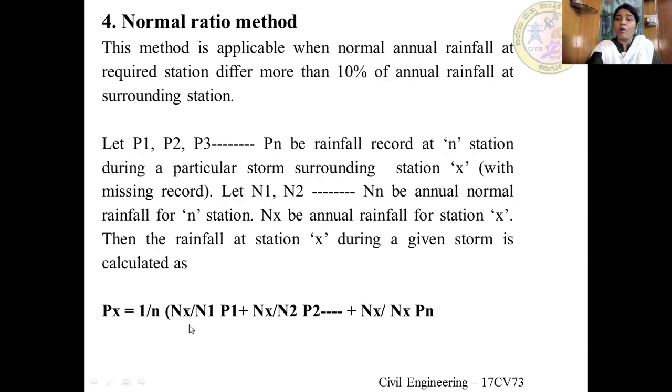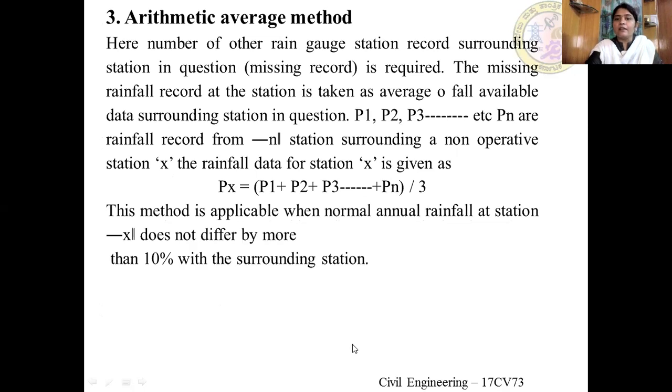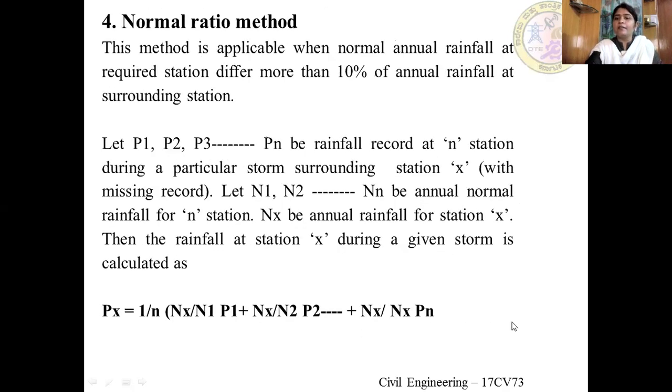So how PX is calculated is PX is equal to 1 by n, NX by N1 P1 plus NX by N2 P2 up till NX by Nn Pn, and finally determined where the station X has a missing precipitation record. In this way, we calculate the missing record and we estimate depending on other known values.